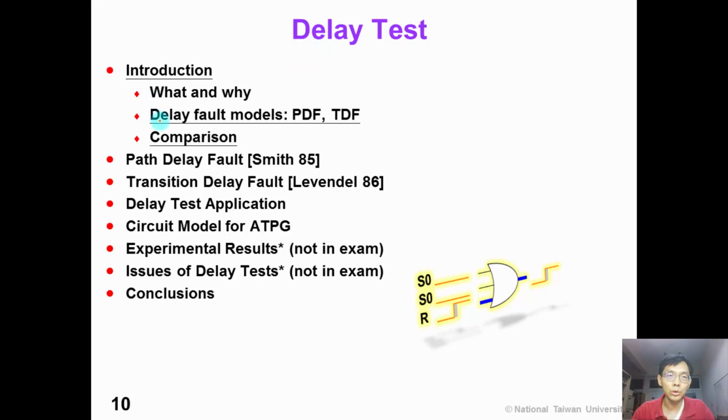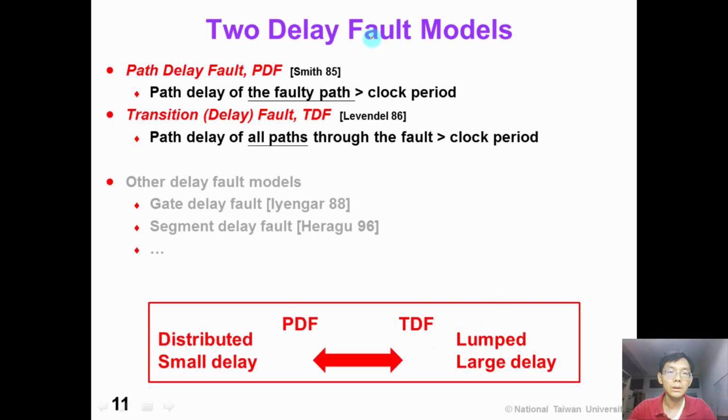Now we will introduce two popular delay fault models, path delay fault and transition delay fault, and we will compare their difference. The first one is path delay fault model, or PDF, which was proposed by Smith in 1985. A path delay fault is a path whose delay is larger than the clock period.